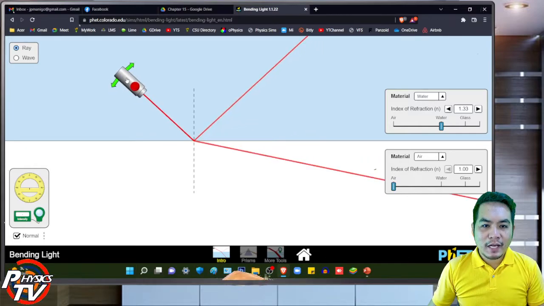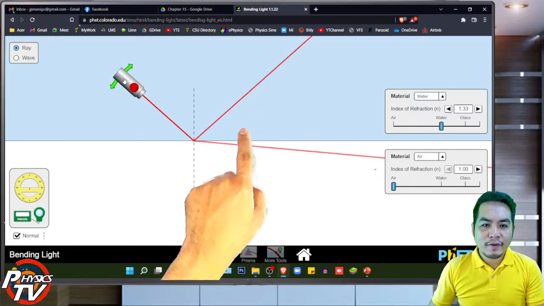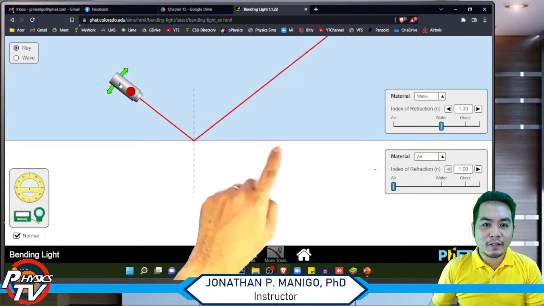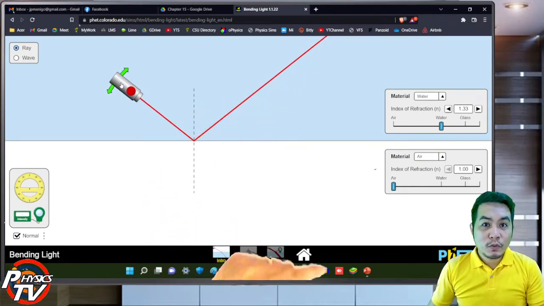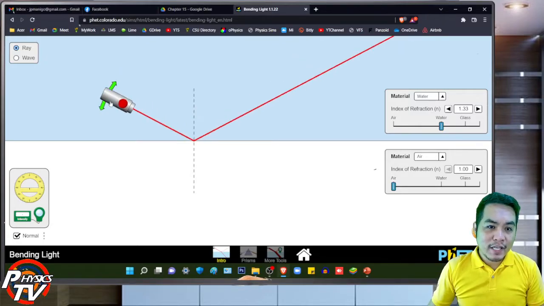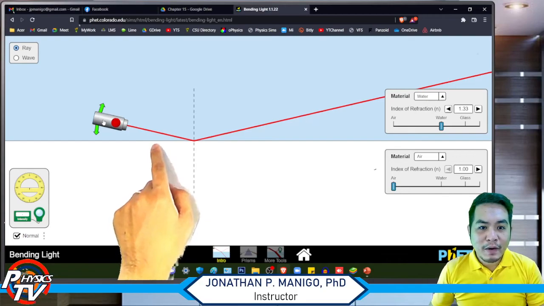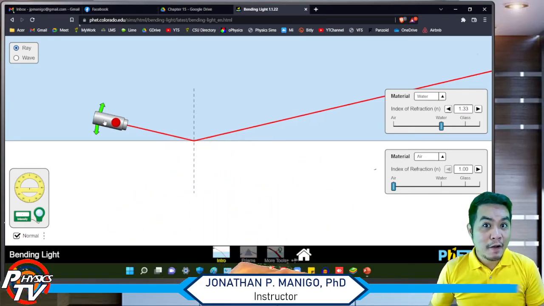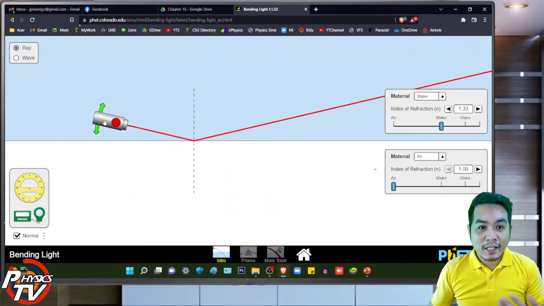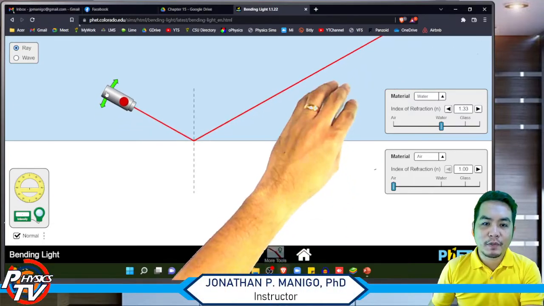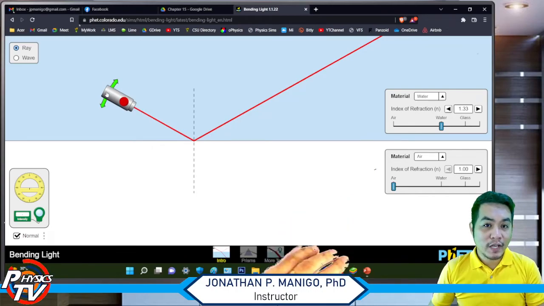there's a critical angle wherein the refracted light vanishes. And beyond that angle, it's only total internal reflection. So beyond this angle, it's purely reflection, as if this boundary becomes a mirror. And that is the phenomenon called total internal reflection. In this example, this is from water to air.